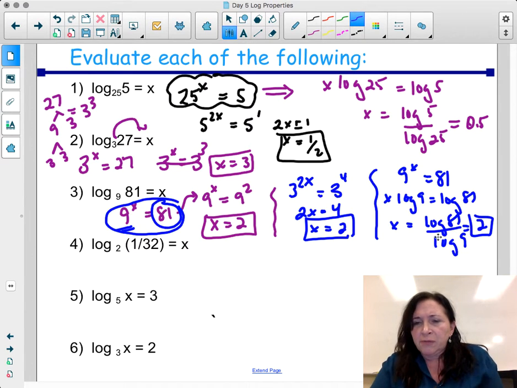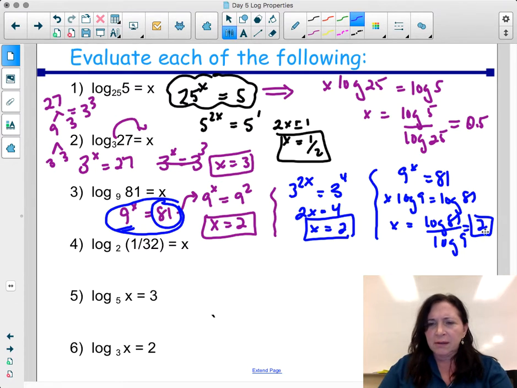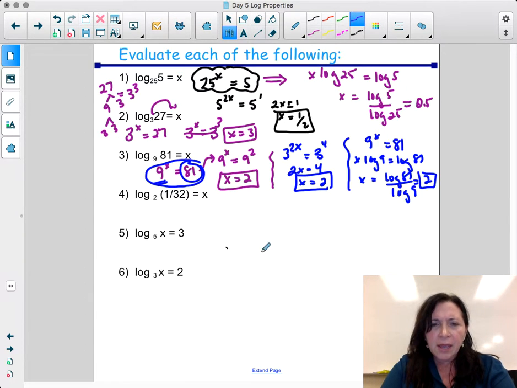If you don't have a calculator, you want to do it the other way. If you're allowed a calculator, you have this option. Just remember, you may never cancel your logs, and you can never cancel these values, 81 divided by 9. You do not do that.